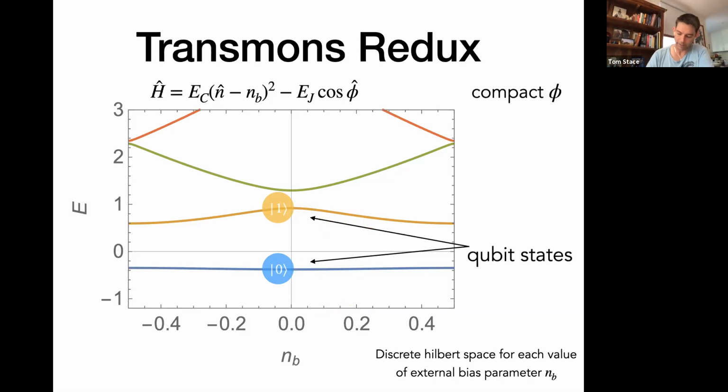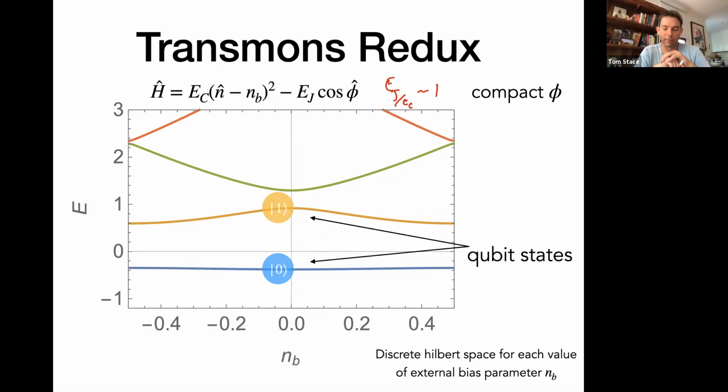This is in a limit where EJ over EC is about 1 in this particular case. If I make EJ over EC larger than that, the lowest band and the next excited band become increasingly flat, and so they become relatively insensitive to NB.